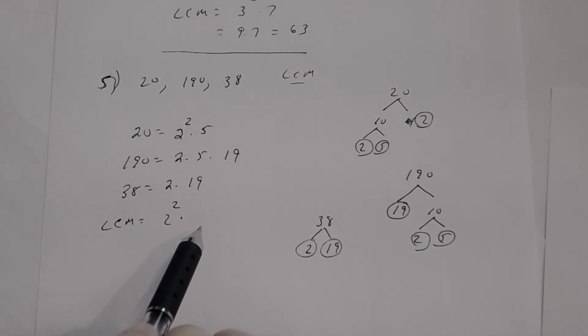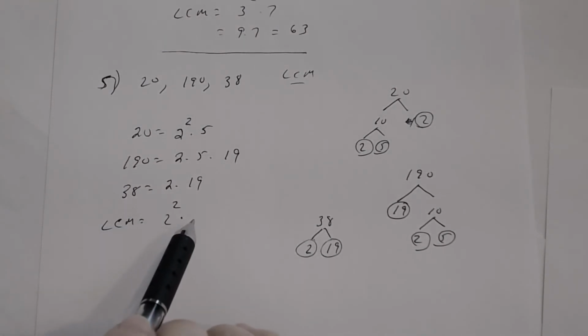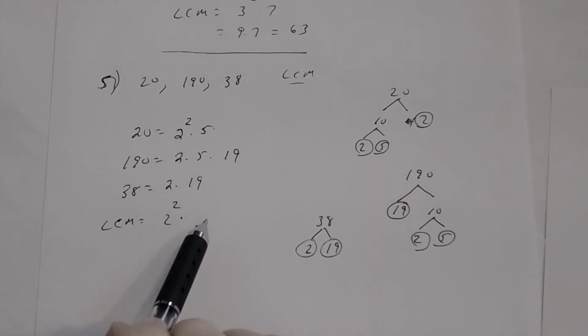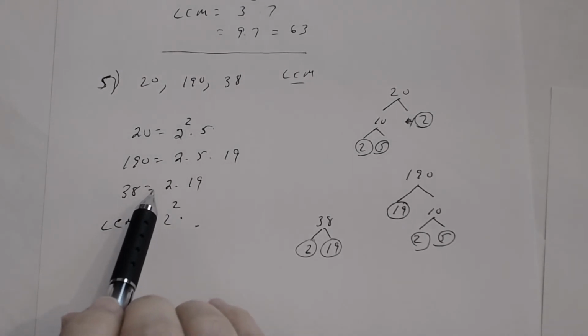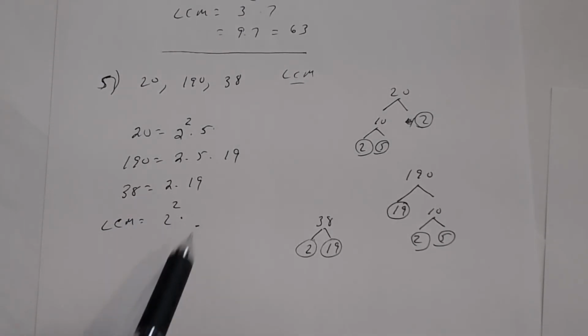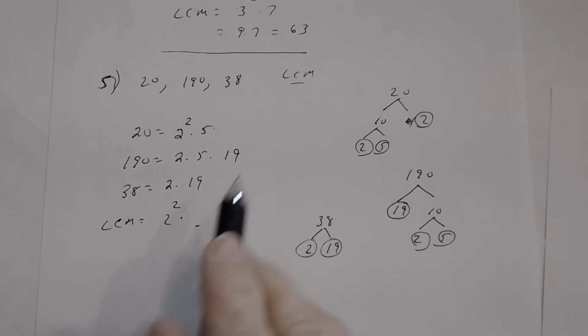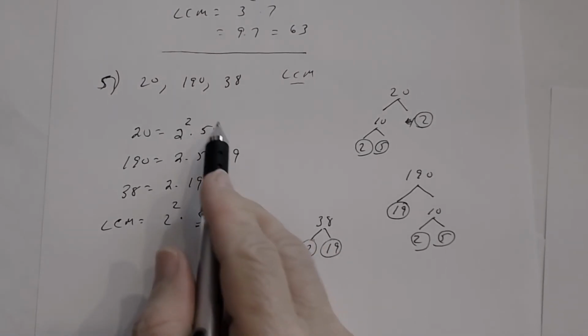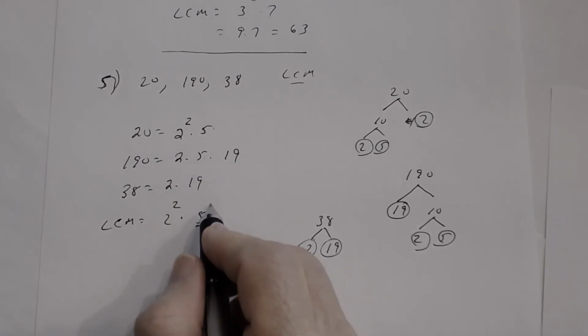And since 5 goes into this, 38 will have to go into that as well. So I need how many factors of 5? I have 1 here, so I just need 1.